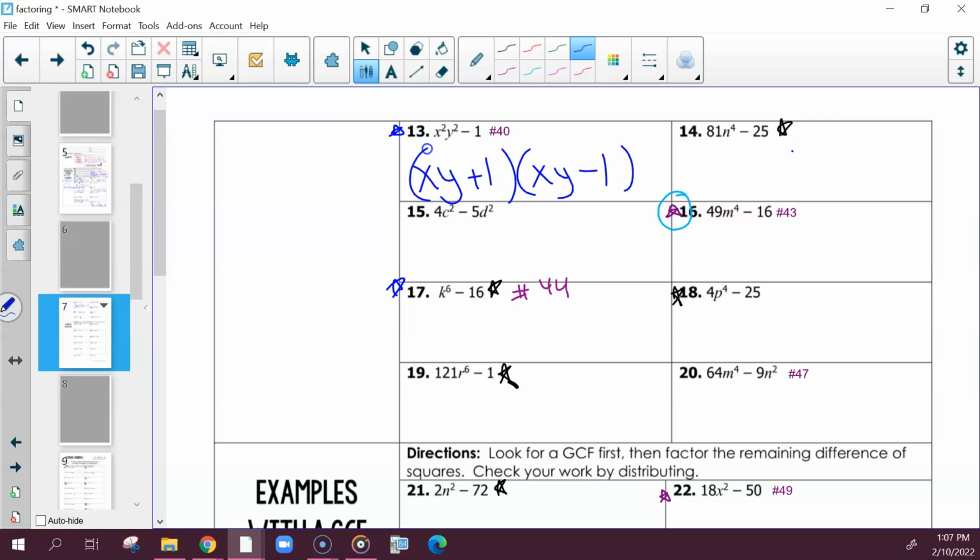Now, if you look at some of these other examples, what happens if our variable is no longer squared? As long as your variable exponent is even, you can divide it by 2.